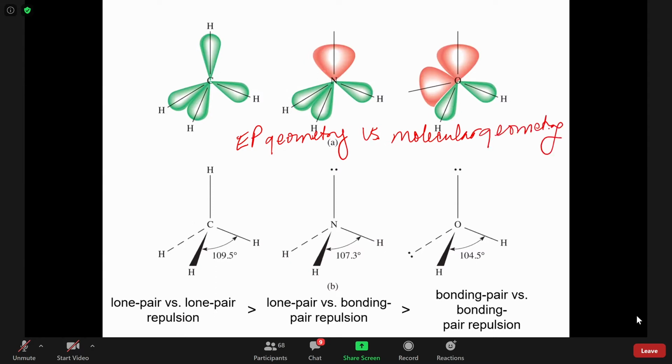So this molecule, NH3, in terms of its electron pair geometry, is decidedly tetrahedral, because we have this lone pair here, as well as all of our bonding pairs.